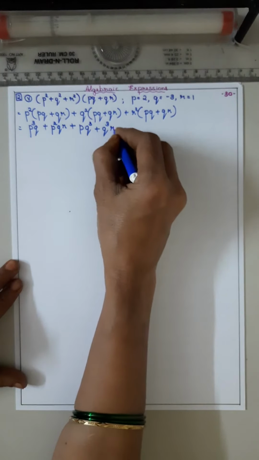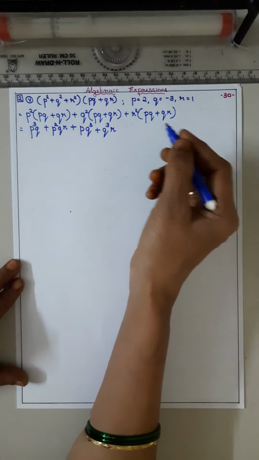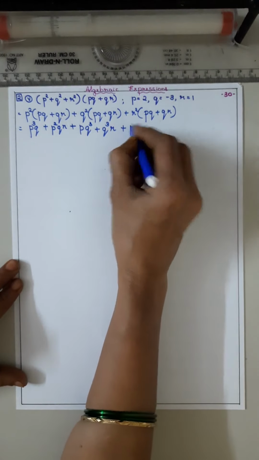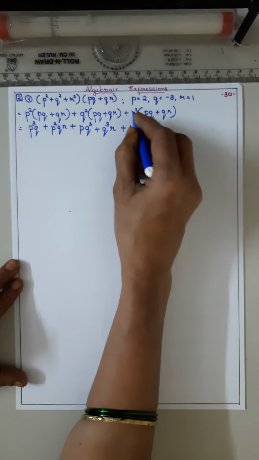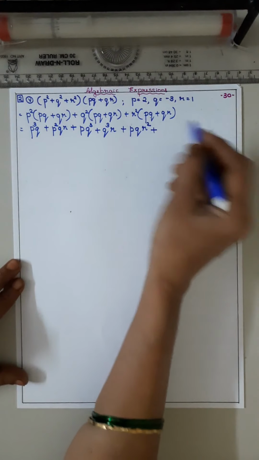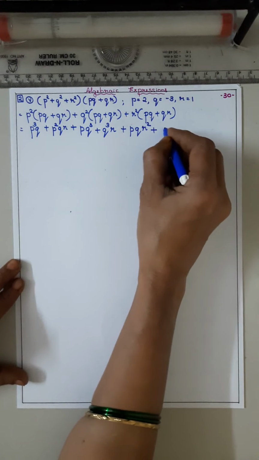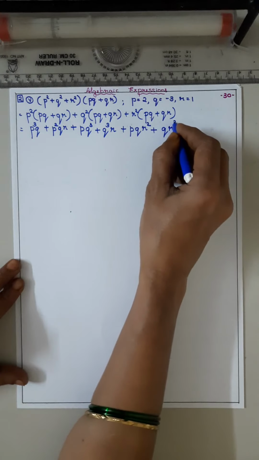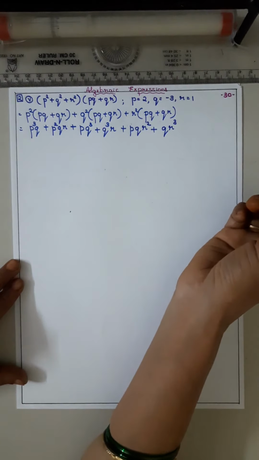Then R, now plus P only one time, Q one time, R squared, plus P is not there, Q, R squared and R means R 3 times, R cube.